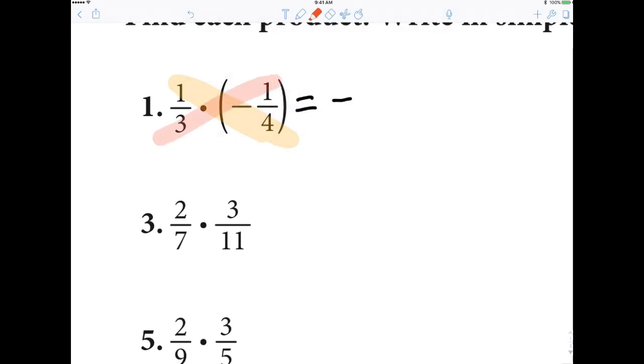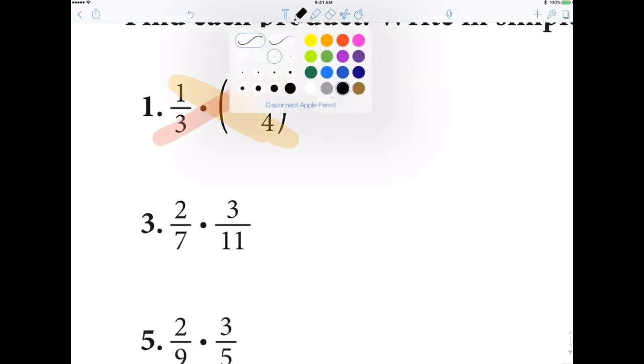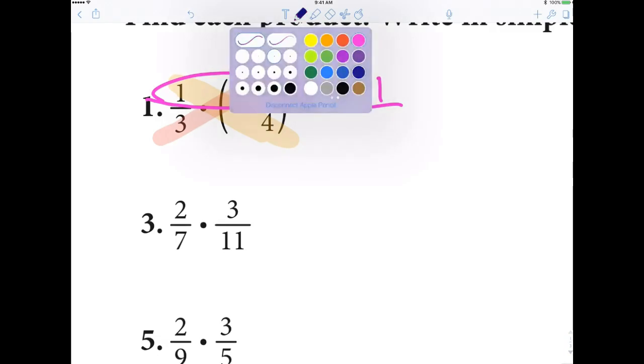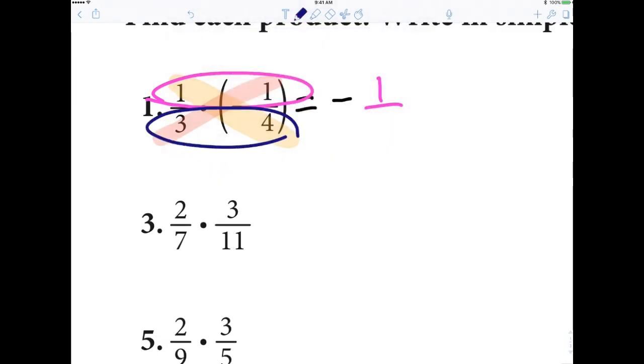No. So then all you're going to do is multiply the numerators together. What's 1 times 1? Over, and then you multiply the denominators together. 3 times 4 is 12. So the answer is negative 1/12. Come on, guys. That is easy, easy, easy.